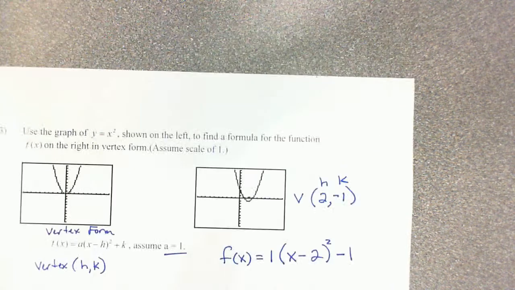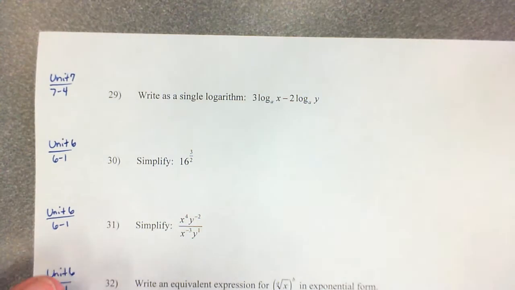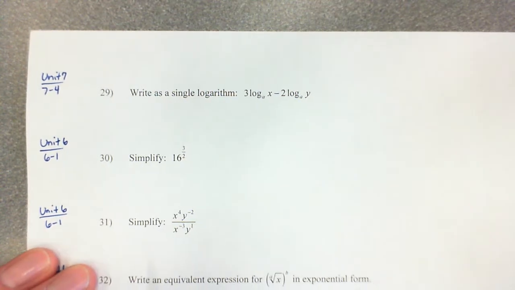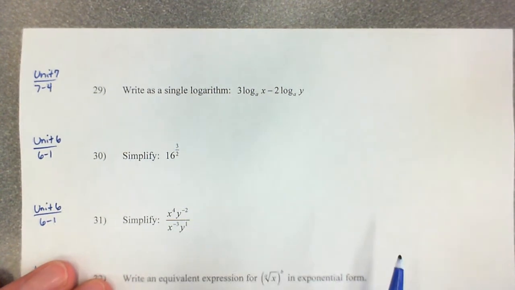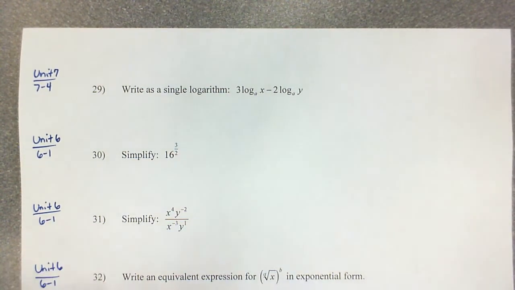Okay? One more problem from Unit 7 for now. In Unit 7 also, we had write this as a single log. So here we have to use a couple properties from Unit 7.